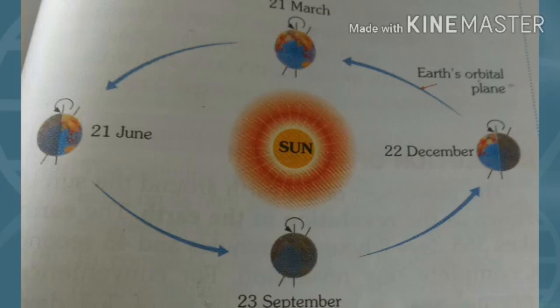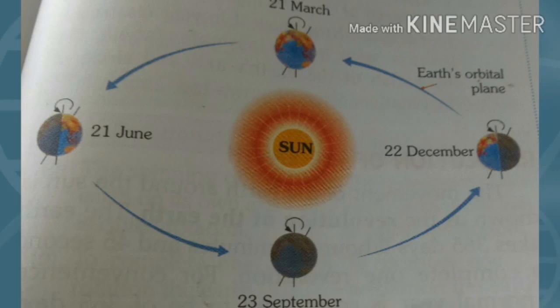Clear children? This extra day is added to the month of February on every 4th year. This additional day is called what? Leap day. Clear? Therefore, on every 4th year, February has 29 days instead of 28 days.